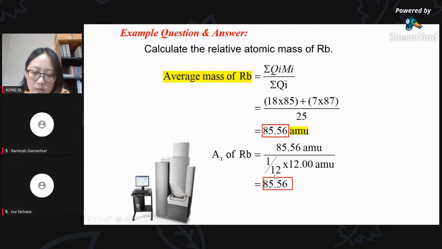So meaning that you can find this value by using the periodic table. You just go to the periodic table, check rubidium, what is the relative atomic mass. So once you know the relative atomic mass, actually you know the average atomic mass. The difference is just the unit. Average atomic mass or average molecular mass has the unit amu. Okay, clear?